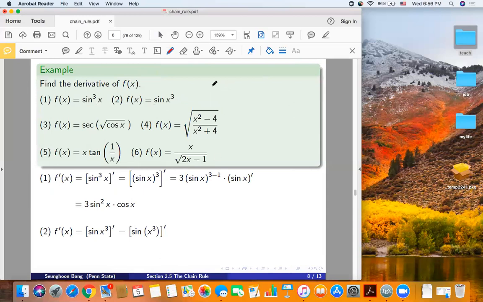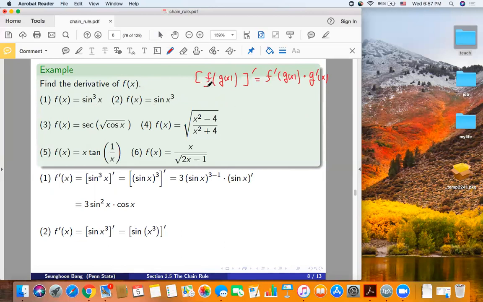So how can you solve this one? We can use the basic chain rule. F of g of x prime is outer function prime of inner function times inner function prime, like chain rule.